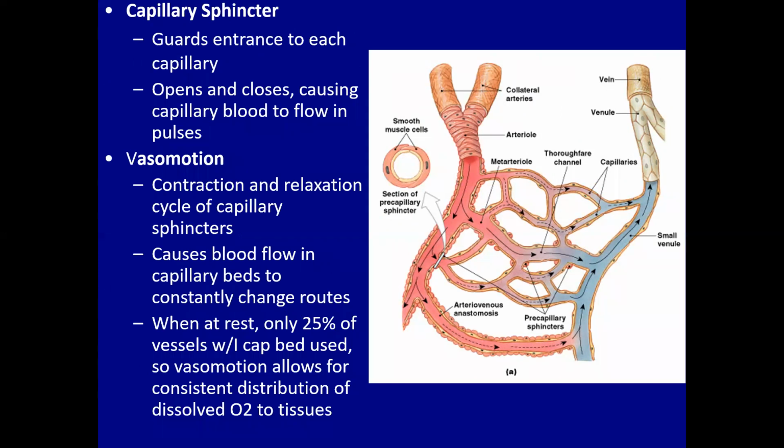So this ensures that you're going to have blood flowing and feeding your tissues no matter what is going on, even if you're at rest. So it's changing the routes to be constantly changed. That's the reason why there's dotted lines here. Could be going here, could be going here, could be going up here, right? So this vasomotion allows for us to have this consistent distribution of oxygen to our tissues.